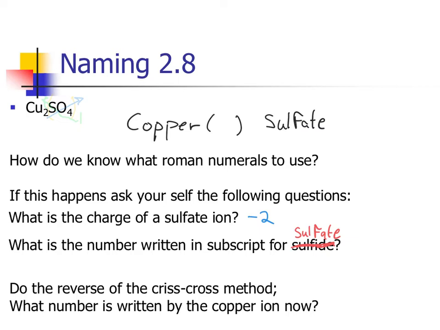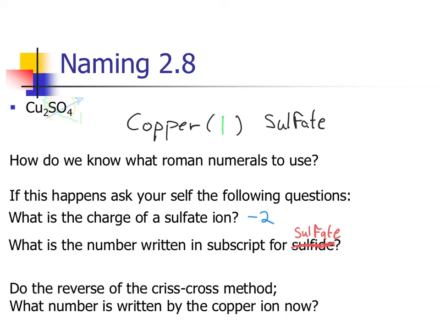What number is written by copper now? Well, that 1 is written by copper, meaning we actually have copper 1 sulfate. We know this is the correct one because that 2, and that is subscripted by copper here, went to the superscript or the charge of the sulfate ion. So we did our reverse crisscross correctly.